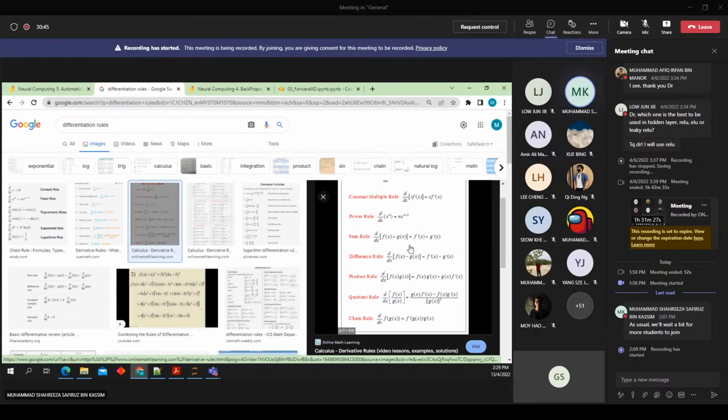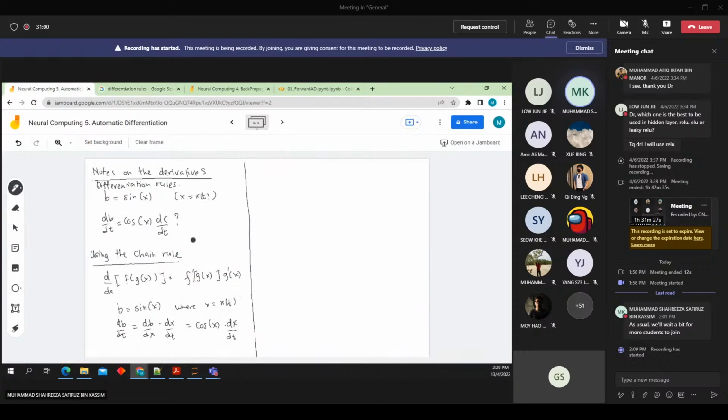I understand you don't need this to actually build models, but this gives you a deeper understanding, because we are doing deep learning. Why not deep learn the deep learning itself? So that's the idea. Now you know the differentiation rules.